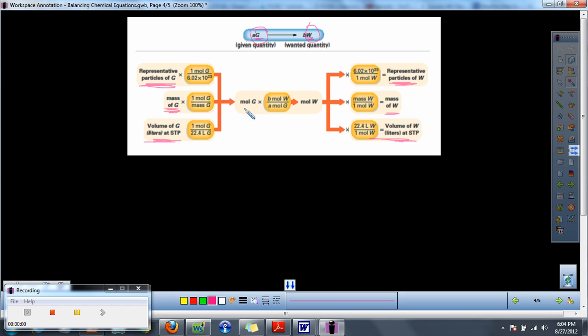If you don't know what to do, the place you want to go, your happy place, is the land of the mole. Yeah, you want to figure out how many moles of whatever it is that you're dealing with, and however many moles of that other thing that you're interested in will be formed.